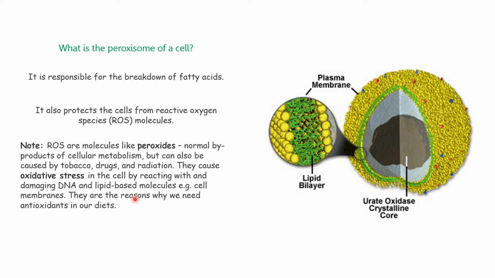So they are the reasons why ang mga peroxides nagkakos ng oxidative stress. They are the reasons why we need antioxidants in our diet. So I hope I will let that sink in.